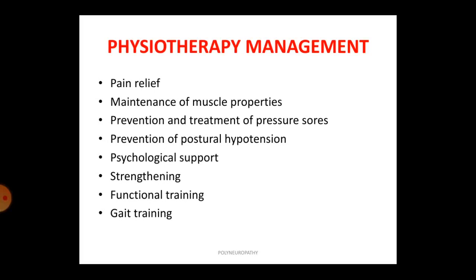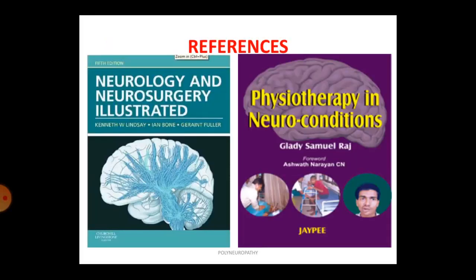How will these people like to remain permanently in the sitting or lying position? So as much as possible, gait training should be given. If the patient is not able to walk without any assistive device, you can think of giving an assistive device also, like a walker or cane or anything. So gait training is very essential to maintain the ambulation of the patient.